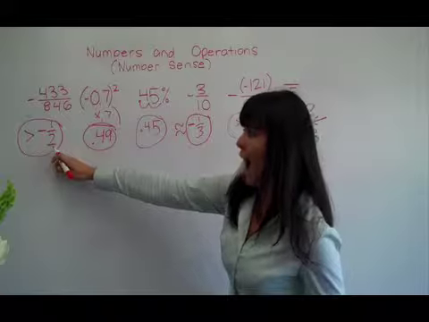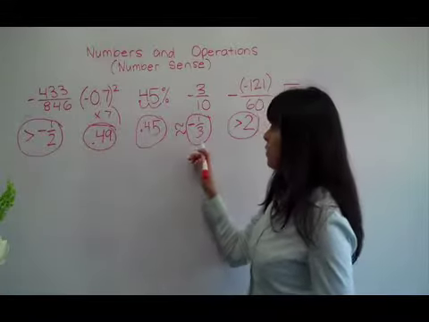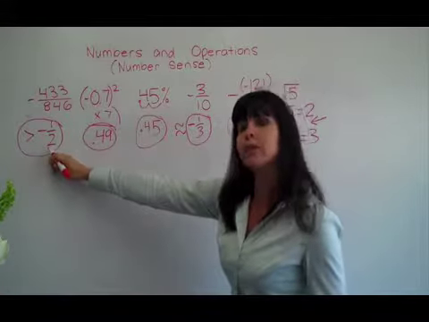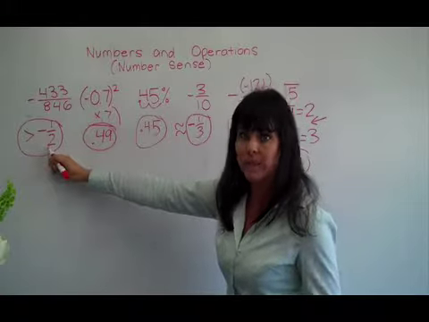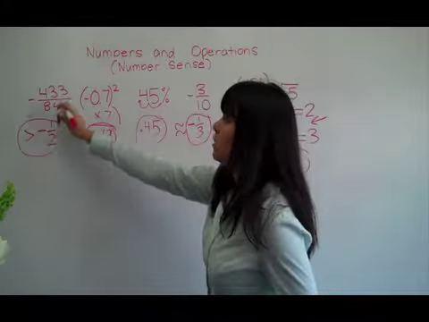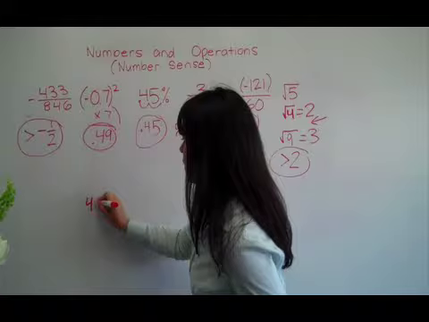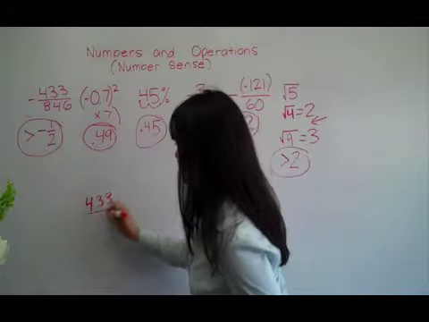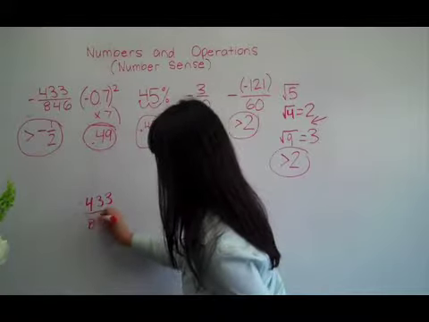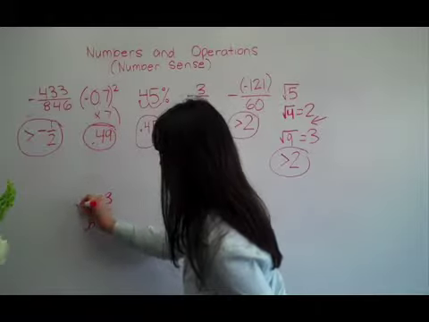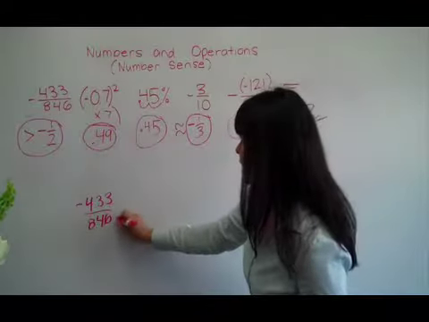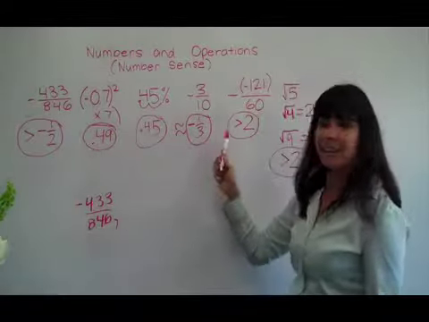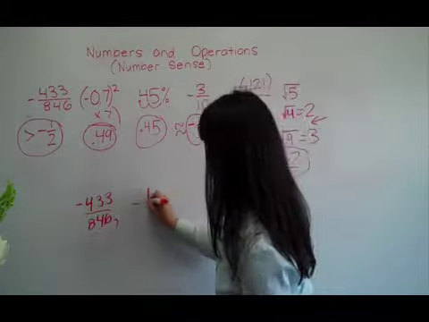Because 1/2 is bigger than 1/3, this is going to be the smaller number because it's going to be the most negative. So negative 433 over 846 is going to be our smallest number. Next in line is the only negative number that's left, which is negative 1/3.